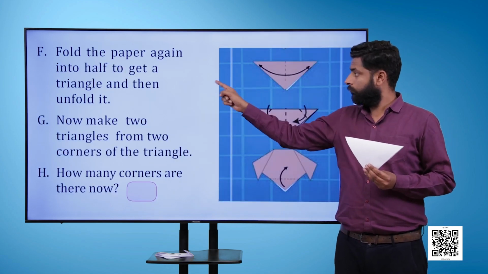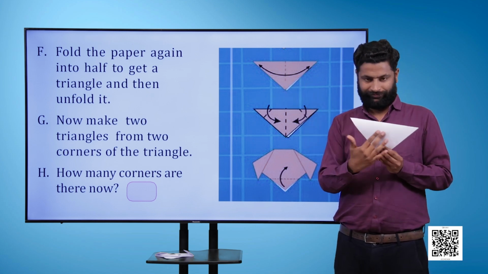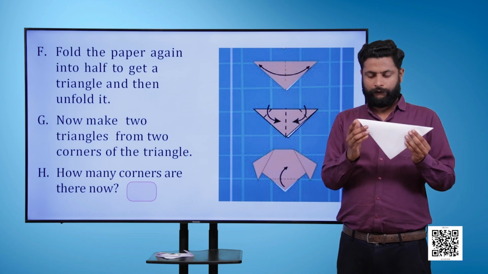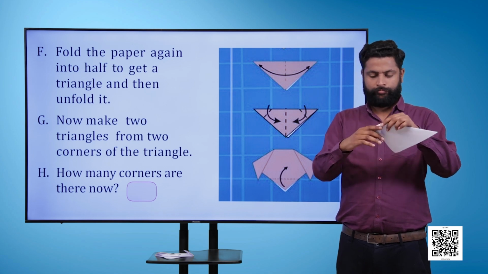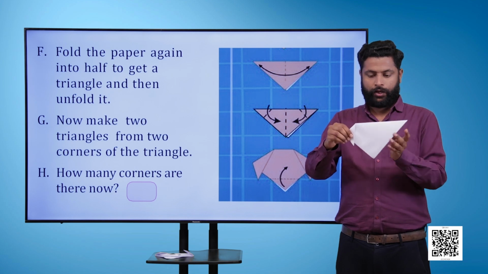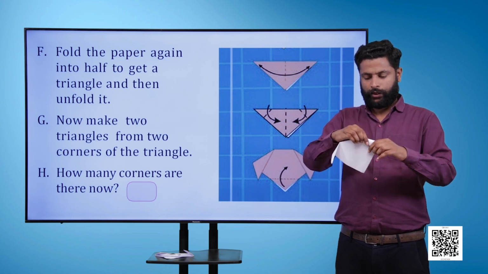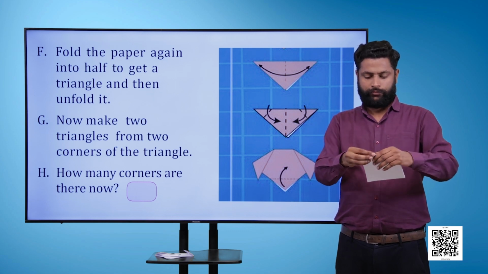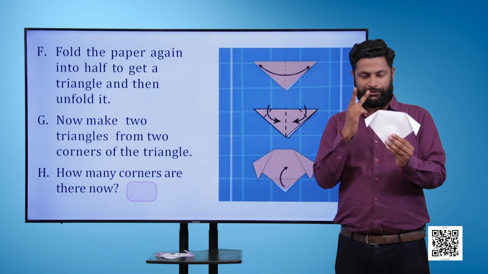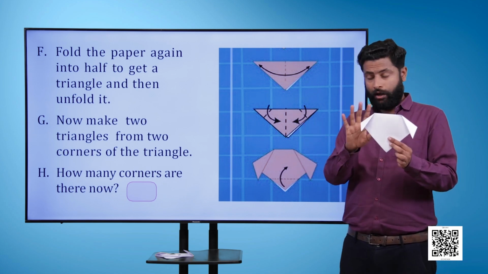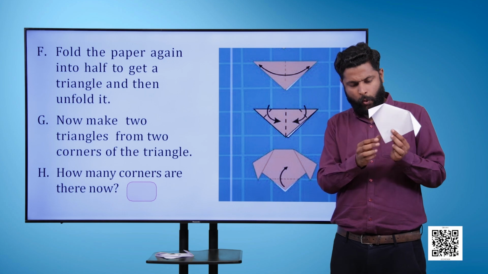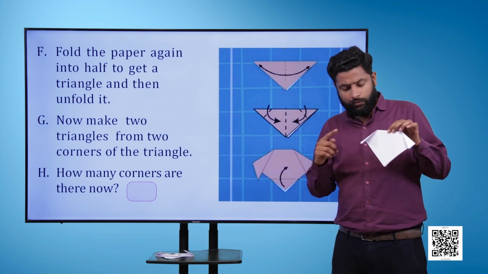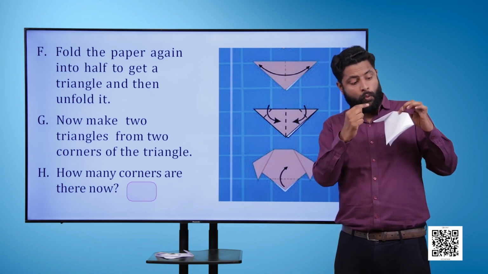F. Fold the paper again into half to get a triangle and then unfold it. G. Now make two triangles from two corners of the triangle. H. How many corners are there now?